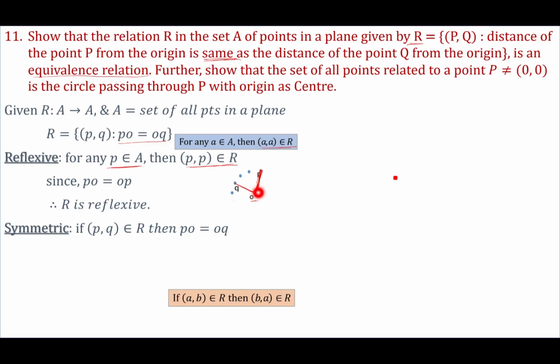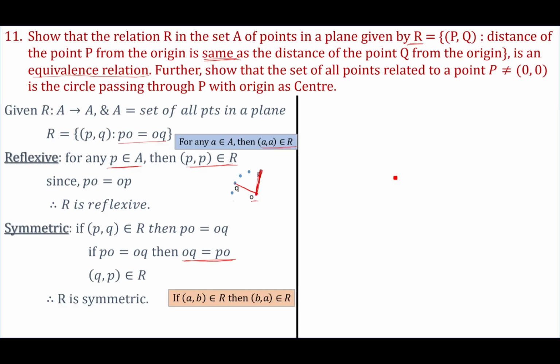The distances PO and OQ are the same as it is defined. Now, if PO equals OQ, then OQ equals PO. They are the same, of course, which means (Q, P) belongs to R. Therefore, the given relation is symmetric.